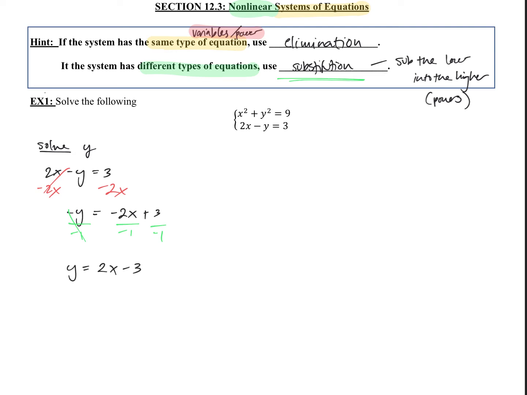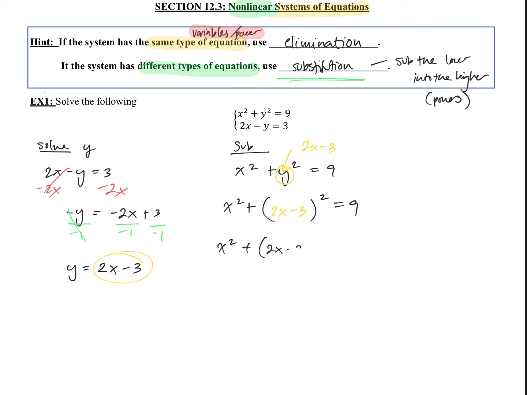So with this, I'm going to go ahead and sub into my circular equation. This says that y equals 2x minus 3, so we'll replace y with 2x minus 3. Alright, so we have x squared plus this binomial squared.